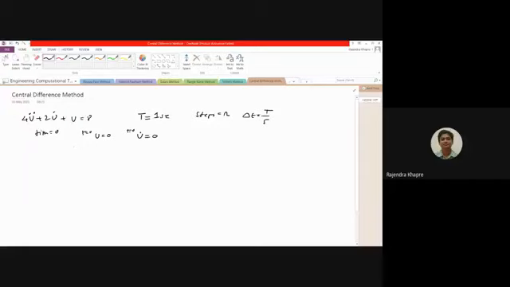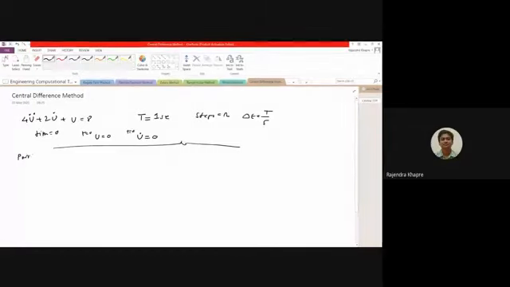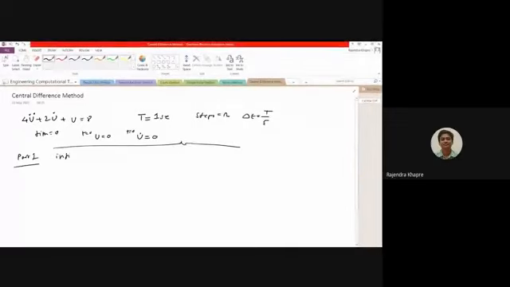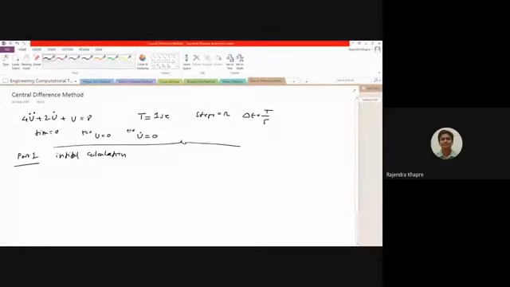So let us try to find out the solution of this. What we have to do first is part 1, the initial calculations. In the initial calculations, the first thing is to find the stiffness matrix and other things.